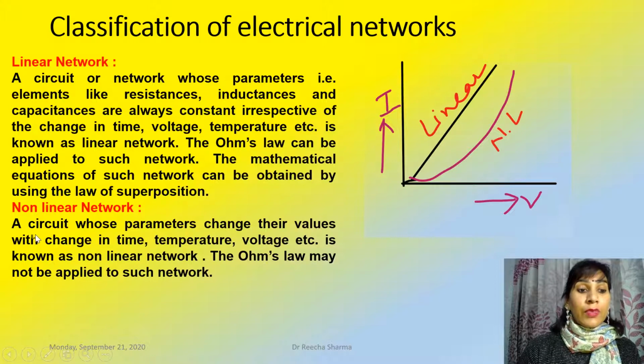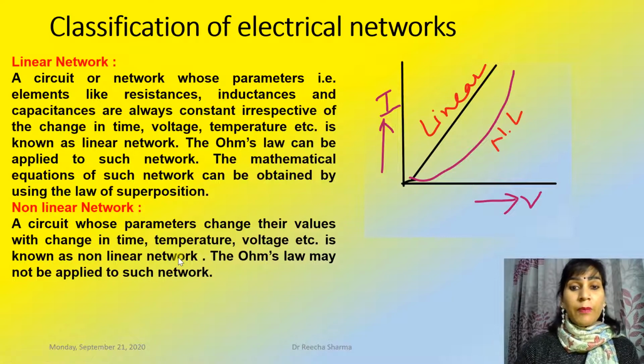A non-linear network is a circuit whose parameters change their values with change in time, temperature, voltage. Ohm's law may not be applied to such networks. In linear networks, Ohm's law is followed, but in non-linear networks, Ohm's law is not applied.